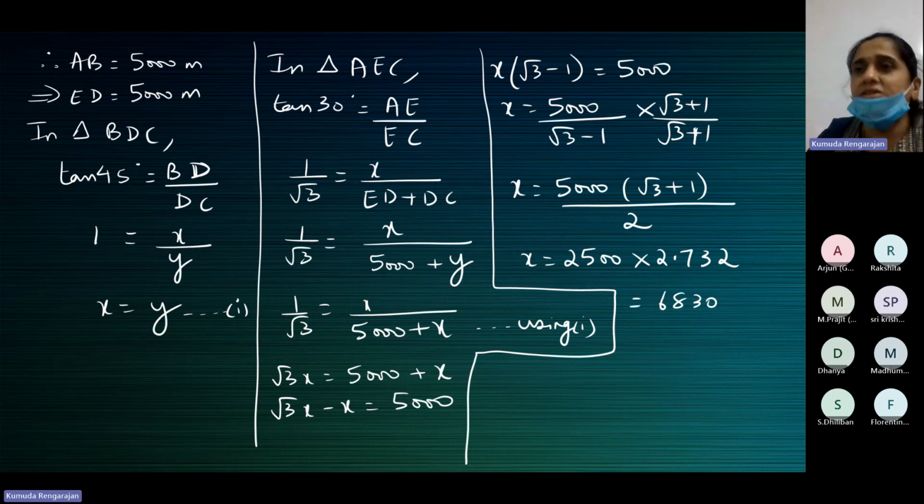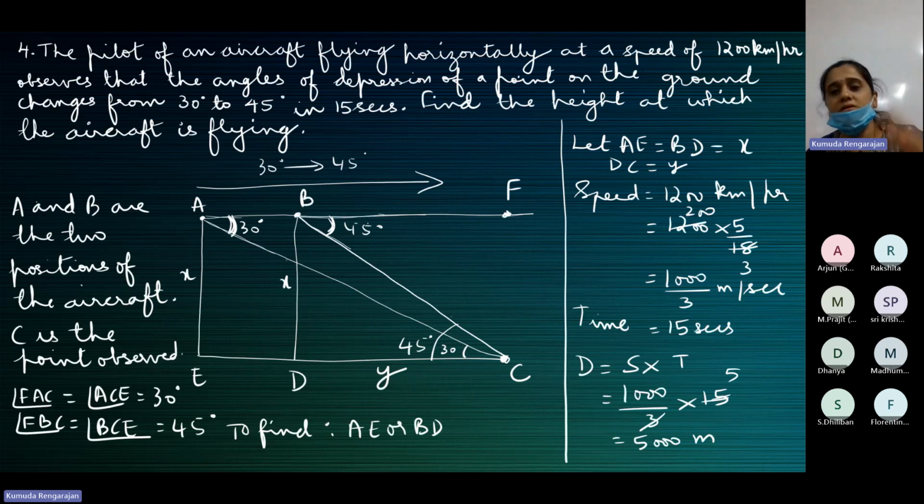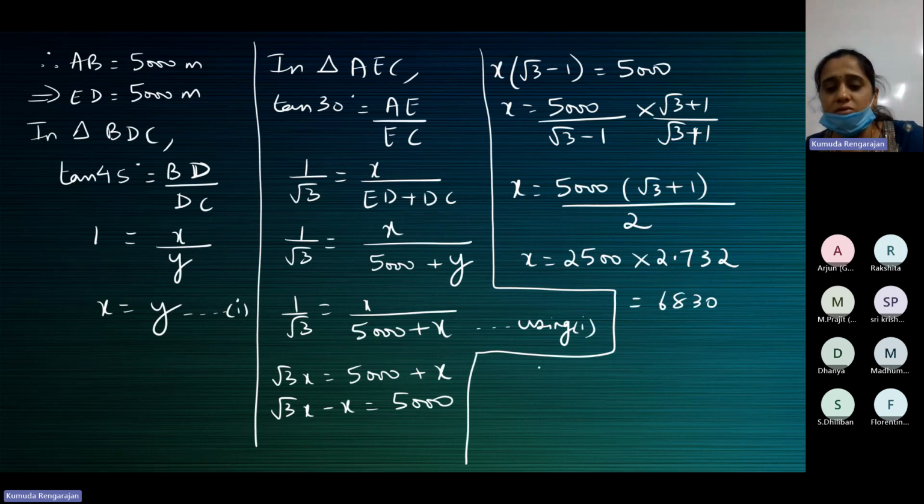So what you do, you substitute. Where there is y, you use x because x is equal to y. So now in that equation, you have only one variable x. This you can solve and find the value of x. So x is 6830. That means the aircraft is flying at a height of 6830 meters above the ground.